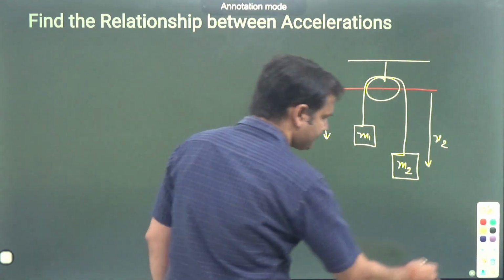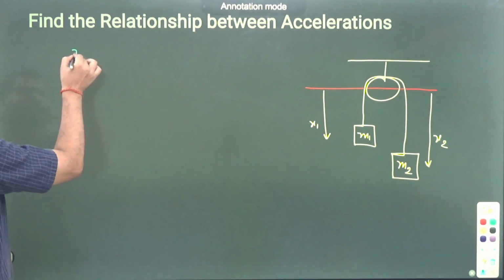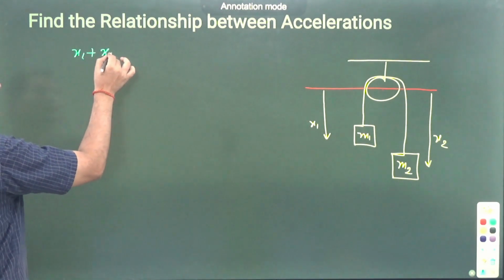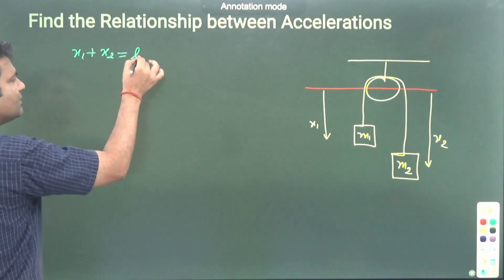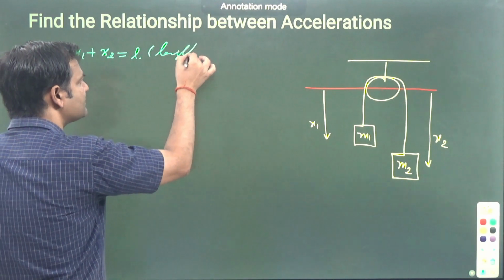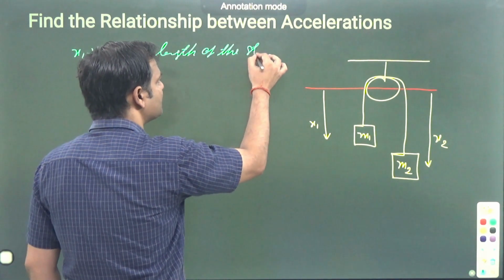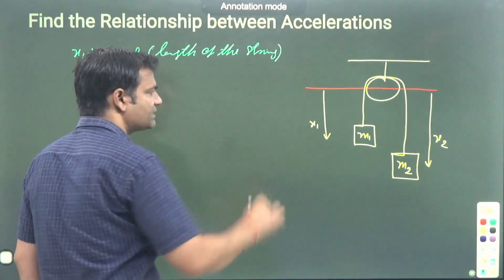Now next one. You can say that x1 plus x2 equals L, the length of the string. That is fixed.